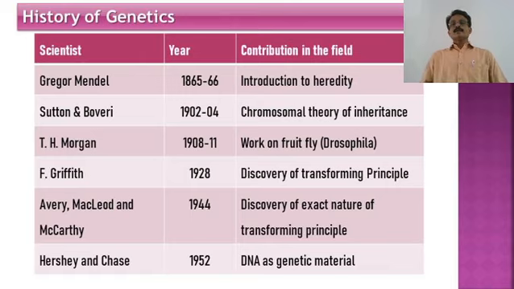He showed that something from the heat-killed bacteria was being transferred into the non-virulent bacteria and making it virulent, and that transforming principle was later, in 1944, discovered to be DNA by Avery, MacLeod and McCarty. That DNA is the genetic material was confirmed by Hershey and Chase in 1952 by their classic experiment using the autoradiography technique.